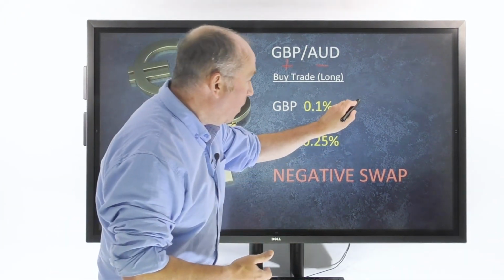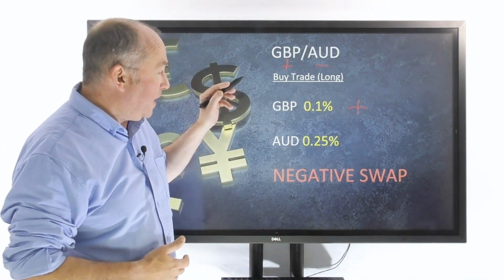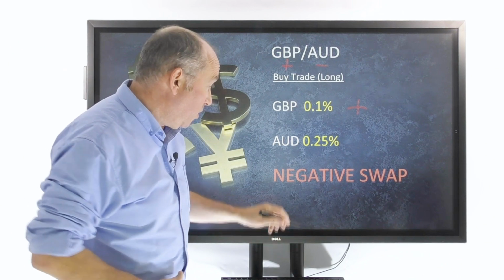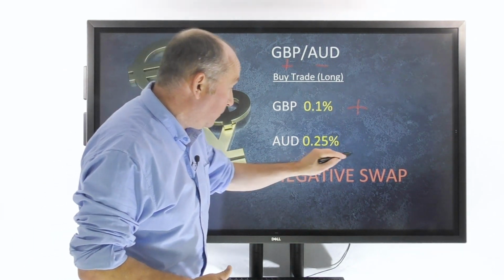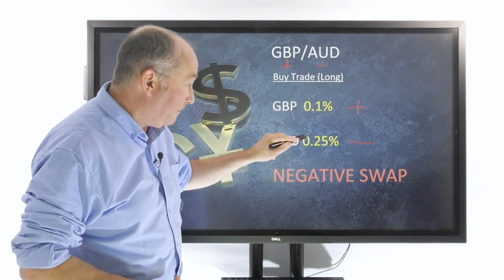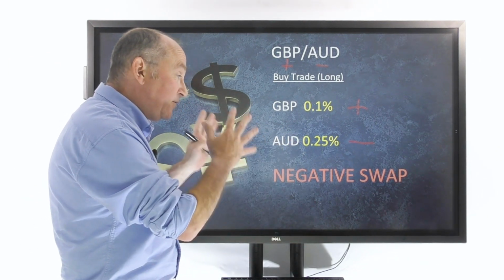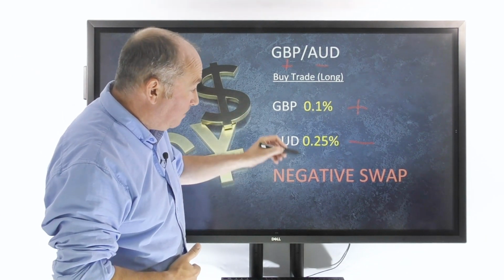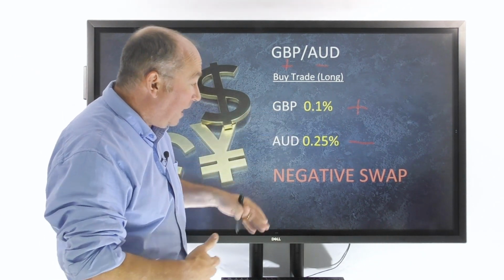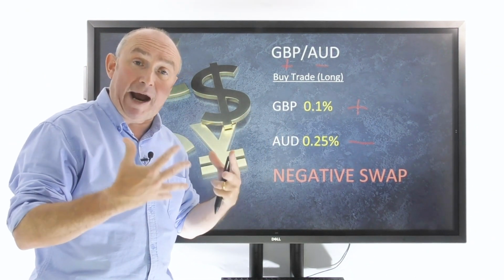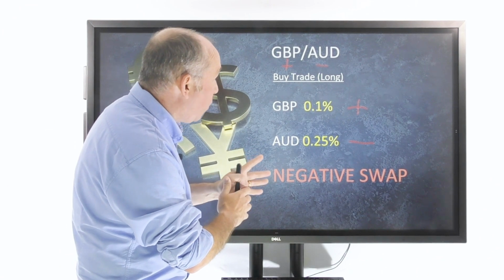So you're receiving 0.01% interest on the British pounds that you hold, but consequently, you've got to pay interest on the currency that you have sold. So we've sold the Australian dollar, we've got to pay interest on that money. Now this would be a negative swap. This basically means we get charged the difference between 0.25 and 0.01 on that transaction, and that is the swap fee that's taken from our account. This is a negative swap.